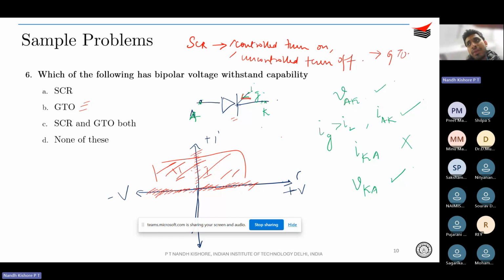You can understand that in an SCR, once the SCR is turned on, even if you remove the IG, the SCR can remain in the on condition. This is one of the drawbacks of an SCR. In order to turn off an SCR, there is a separate turn off mechanism, and there are commutation circuits as well.